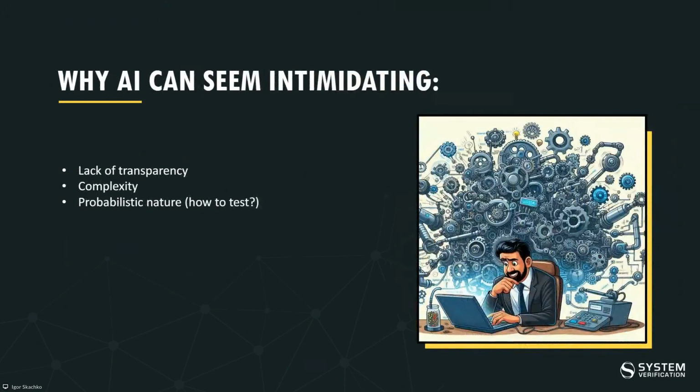Now, let's split this entire understanding of what seems so unapproachable in this topic of AI into three categories. First of all, is the lack of transparency. Yes, we don't really know how the internal system works because it's not just a bunch of if statements that are clear to our eye when we look into the code.